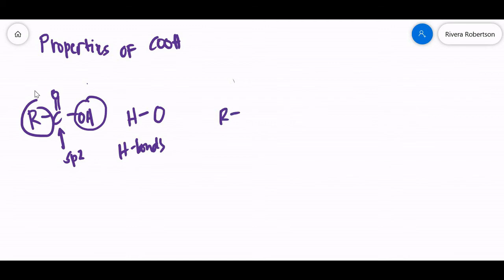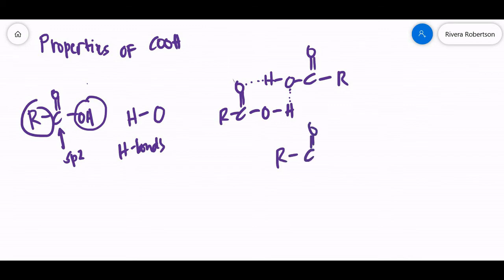So let's look. For example, you have here two carboxylic acids. So this portion is the H bond donor, and this one is an H bond acceptor. And then if you have another carboxylic acid, it can still donate hydrogen bonds, and another oxygen can come into contact and form another H bonding.